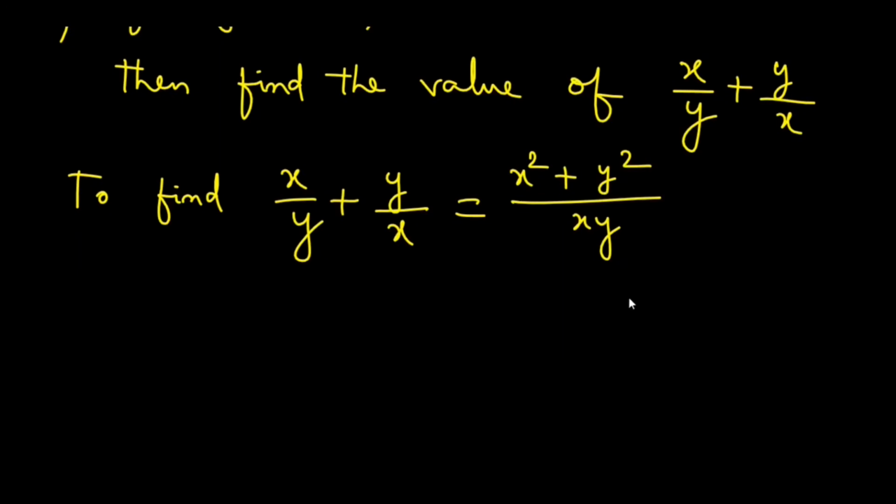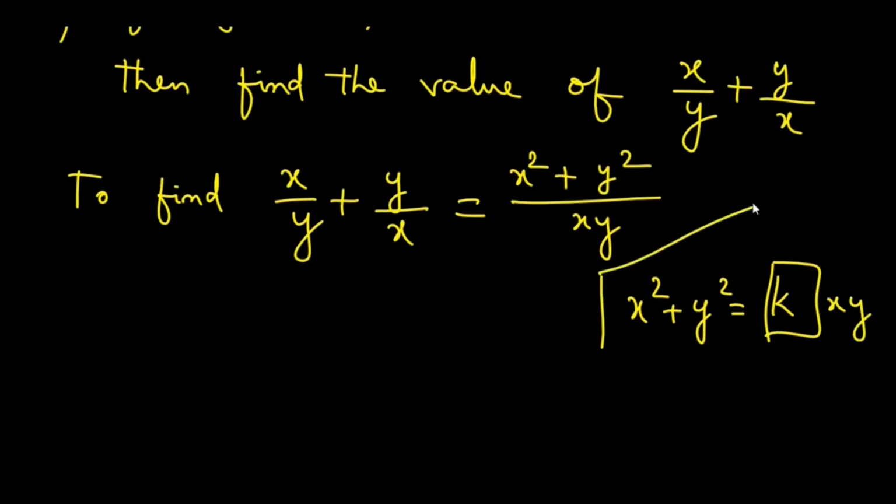So the relation may be something like x square plus y square is equal to some k into xy. If we get such a relation, we can find the value of x square plus y square by xy.